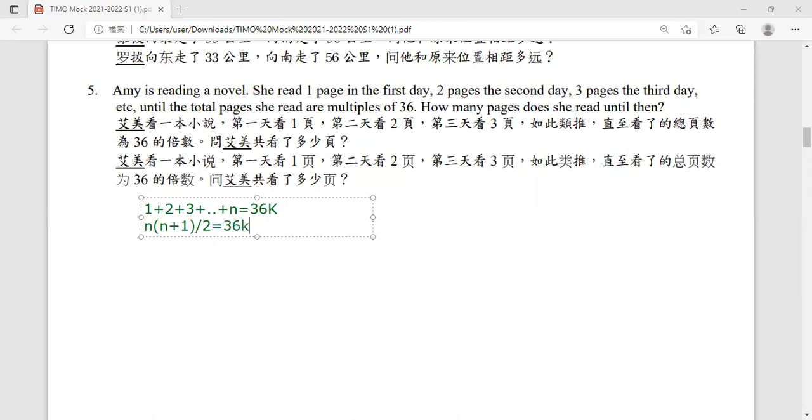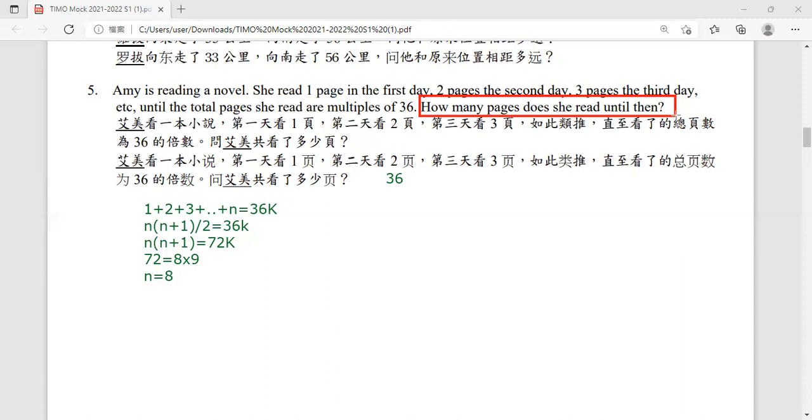But n times n plus 1 equals 72. Hopefully you will know that 72 equals 8 times 9. So n is 8. Hopefully. So 36. Not 8, it's 36. Because the question is asking how many pages she read until then.